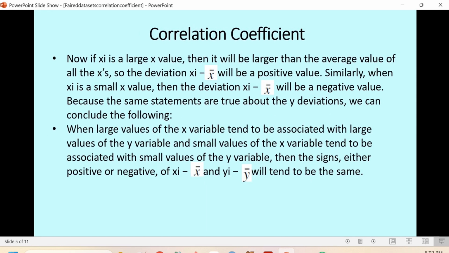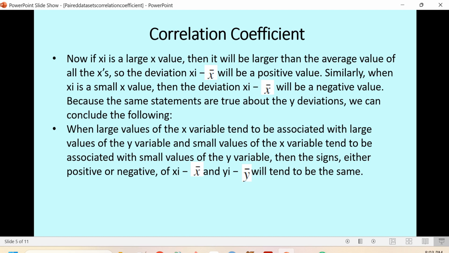If the deviation for x is positive and the deviation of y is also positive, then we may think they have a positive correlation between x and y. But if the deviation of xi from x bar is positive, while yi minus y bar is negative, then we may say the relationship between x and y is negative, right?